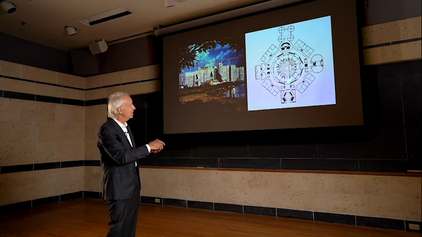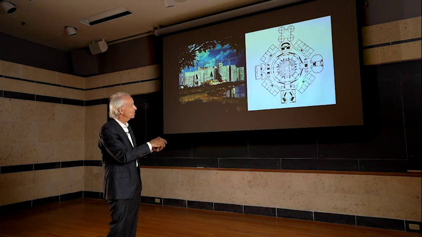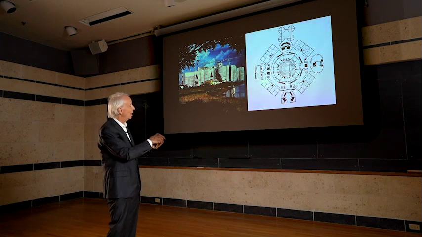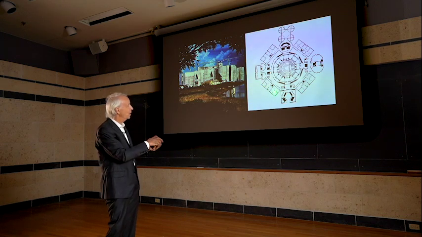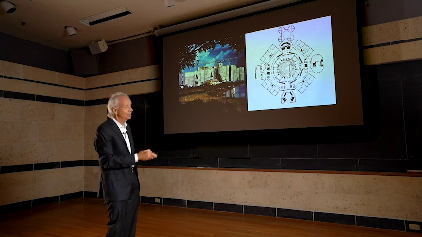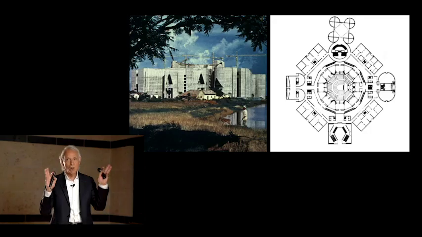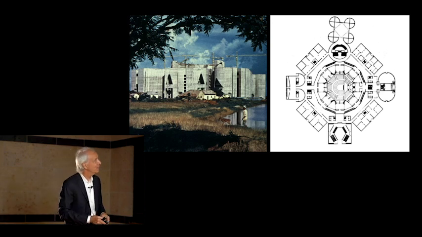And then you can see that it's a dodecagon, a 12-sided polygon in the center. Each of these elements are squares. There's often then a square pulled out at the corner of the square, which is a little courtyard. There's half circles and squares and golden rectangles all the way through the entire building.